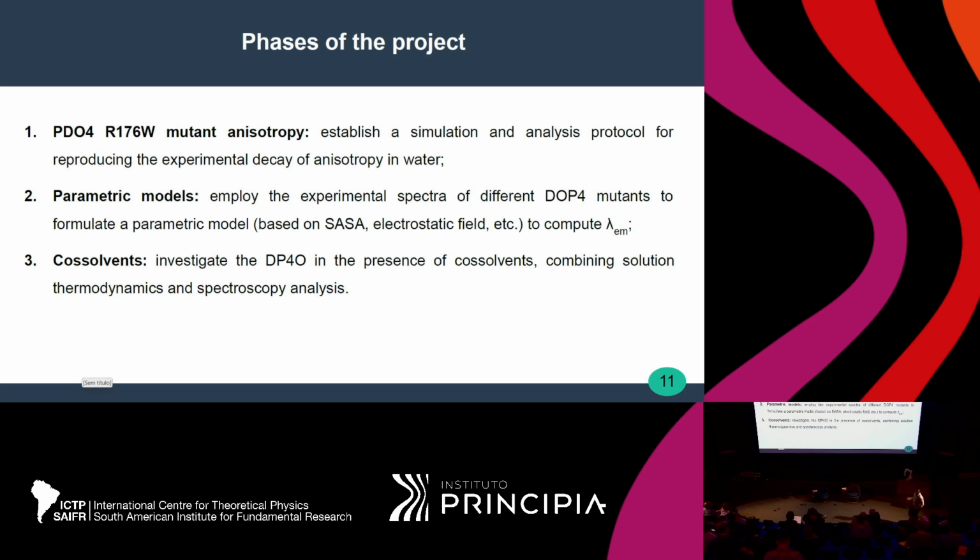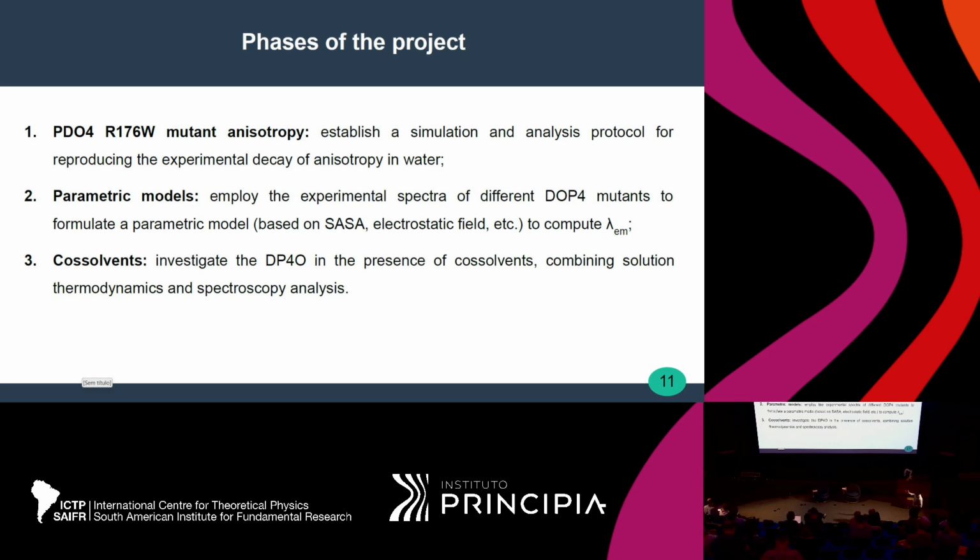As I said, I started 2 weeks ago, basically, and the project is divided in 3 phases. In the first phase we try to reproduce the anisotropy decay in water, using the mutants that they studied exhaustively.